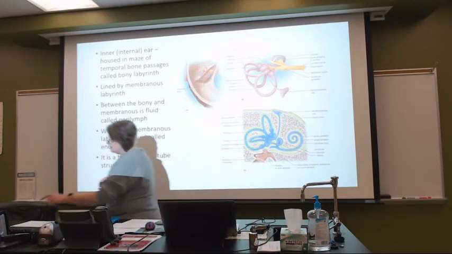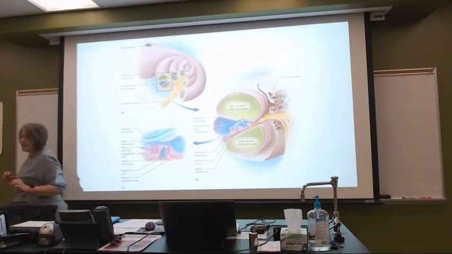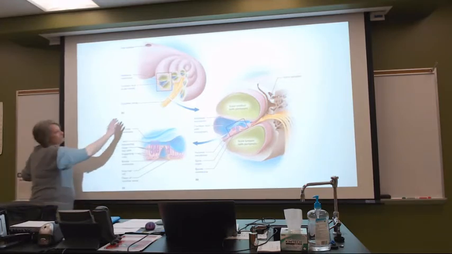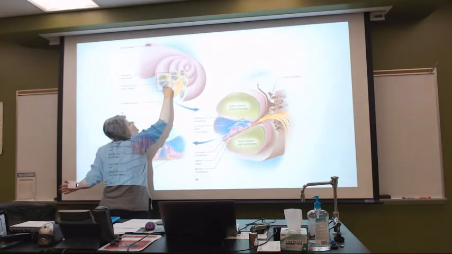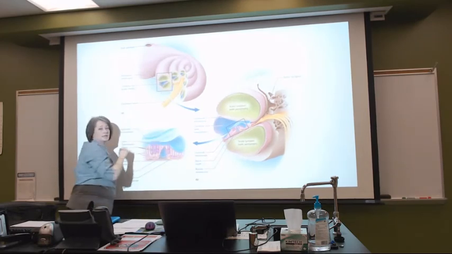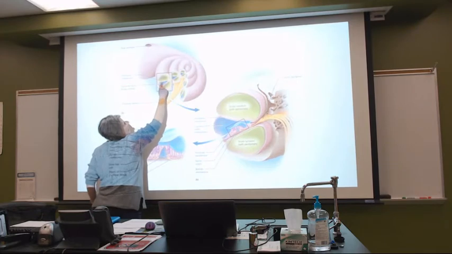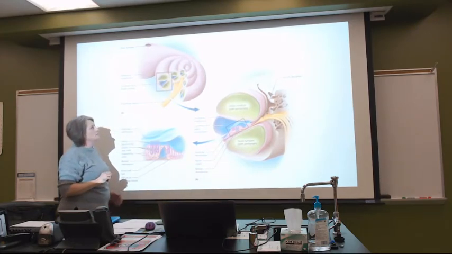So in looking at contact with those nerve fibers, if I'm looking at my cochlea, to the outside is my peri-lymph. To the inside is my endo-lymph.